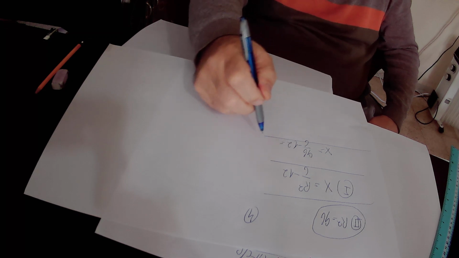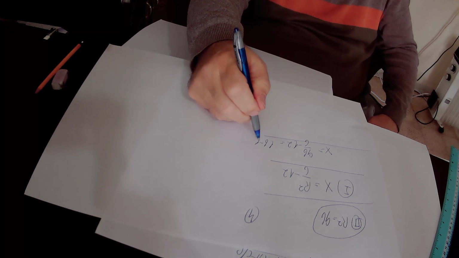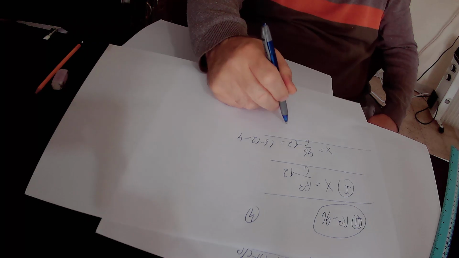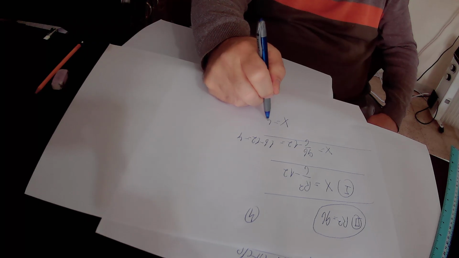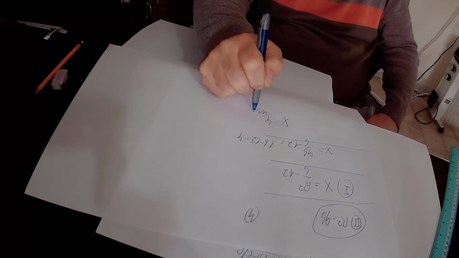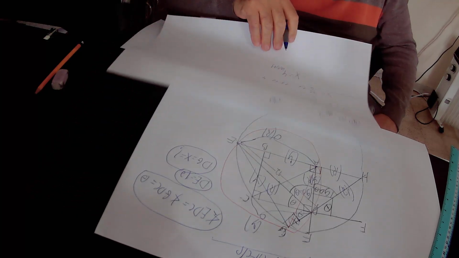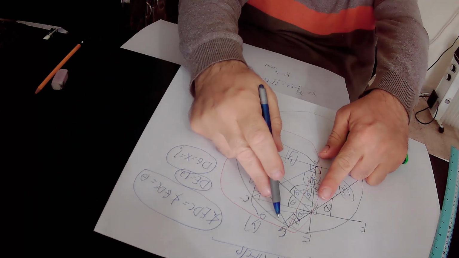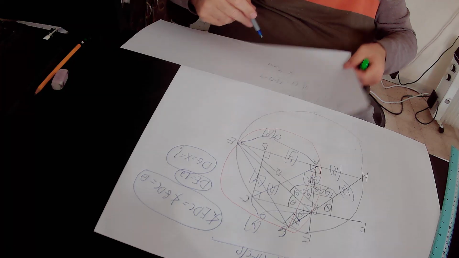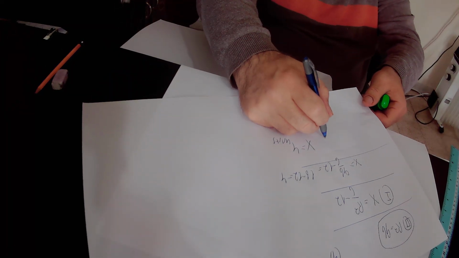And 96 over 6 is 16, and 16 minus 12 is 4. So in conclusion, we found out that x equals 4 units. So actually, x, that is the length of line segment DG, is equal to 4 units.